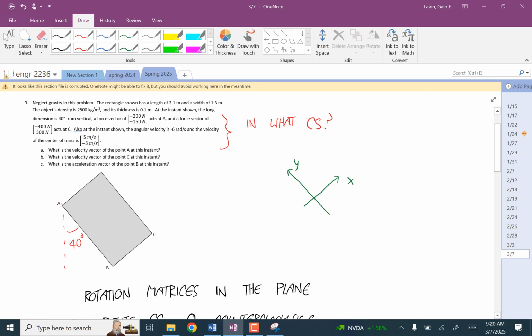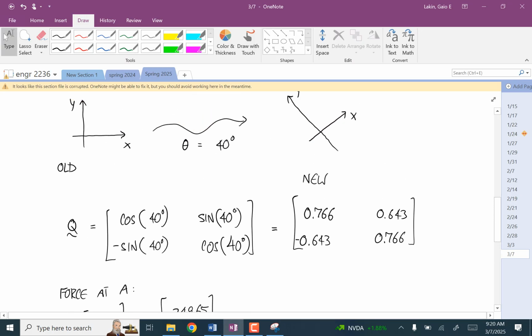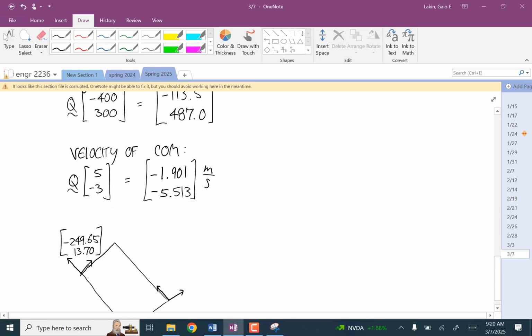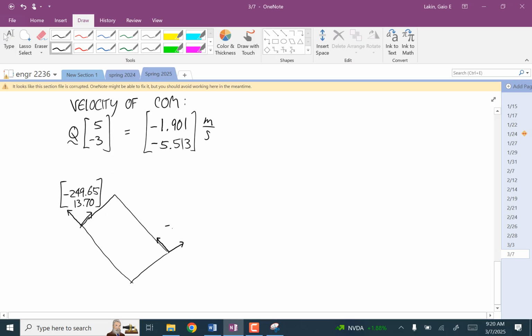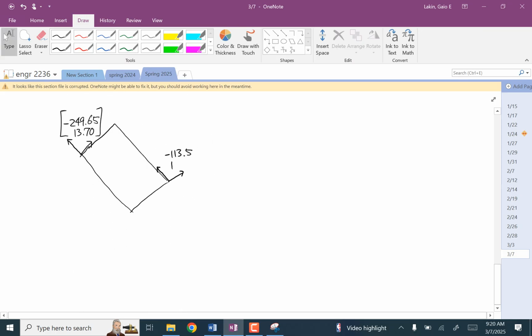And we have a force vector here of negative 113.5, 487.0.